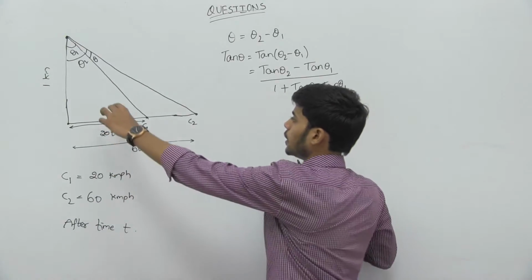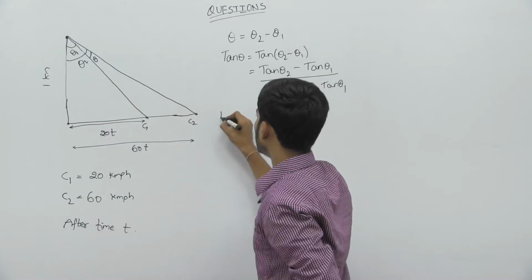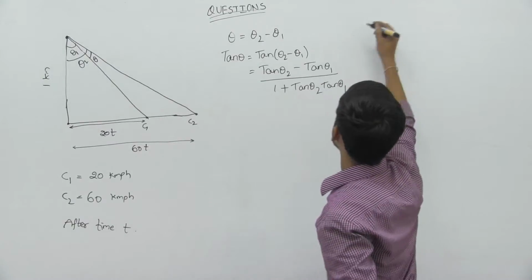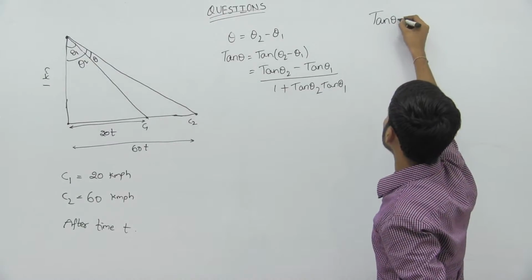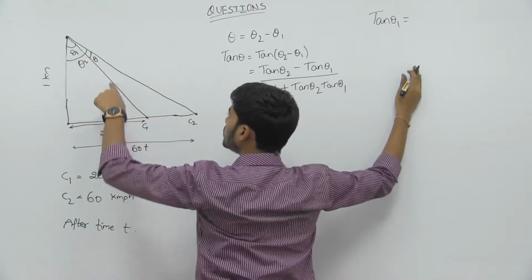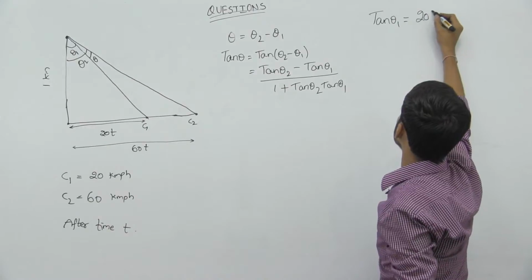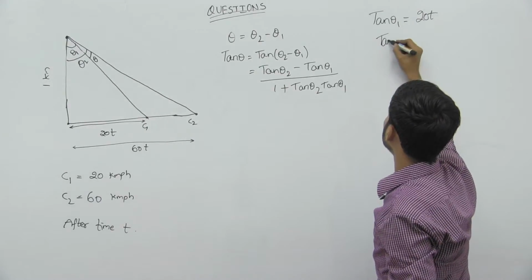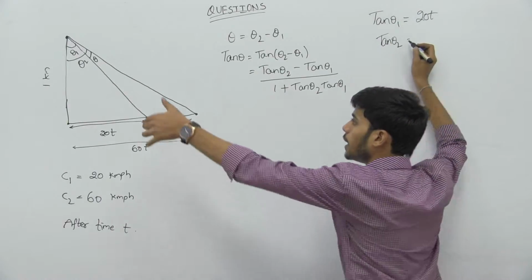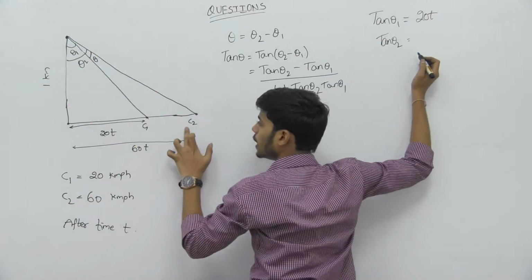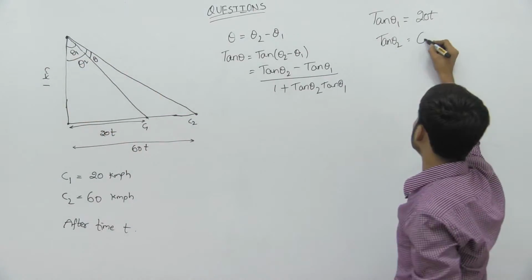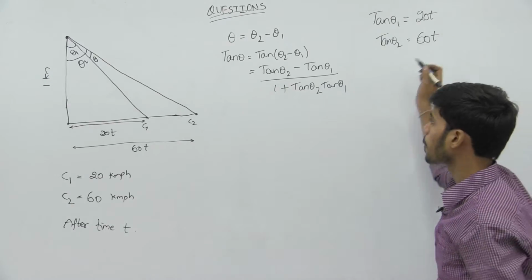So if we write tan theta 1 from the diagram, it is 20t by 1, which is 20t, and tan theta 2, the entire angle, we get 60t by 1, which is 60t.